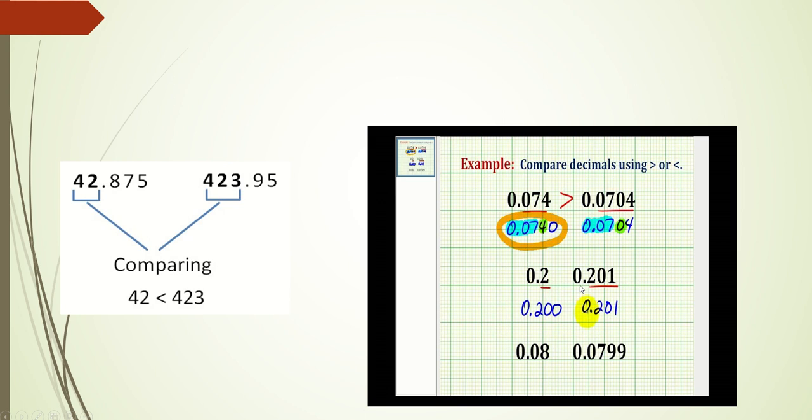Come to the next example. 0.2 or 0.201. Which one is bigger? Again, check, are they like decimals? No, they are unlike decimals. So how will you make them like? Yes, by adding zeros at the extreme ends.